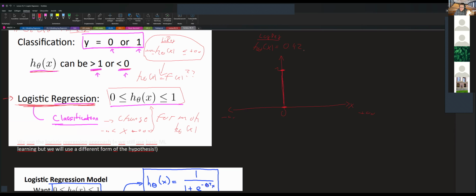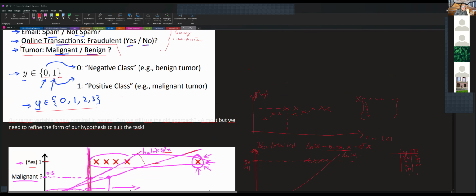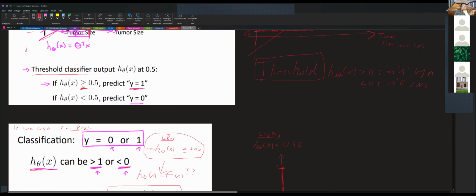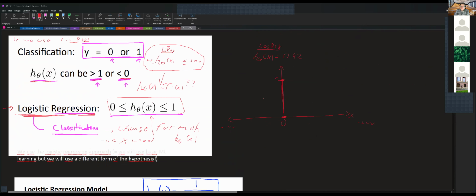But then we can actually use the concept of the threshold in the manner it's supposed to be used, because then we can say, okay, we will have a threshold of 0.5, which is in the middle of 0 and 1, right? So it's symmetrical. If our logistic regression function is smaller than 0.5, then we will put it into the 0 class, which is the benign tumor, right?